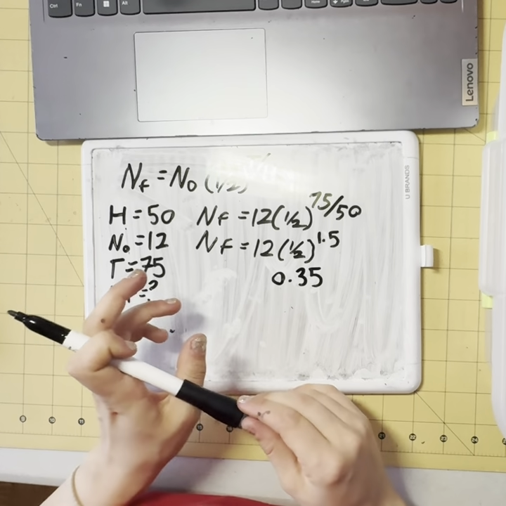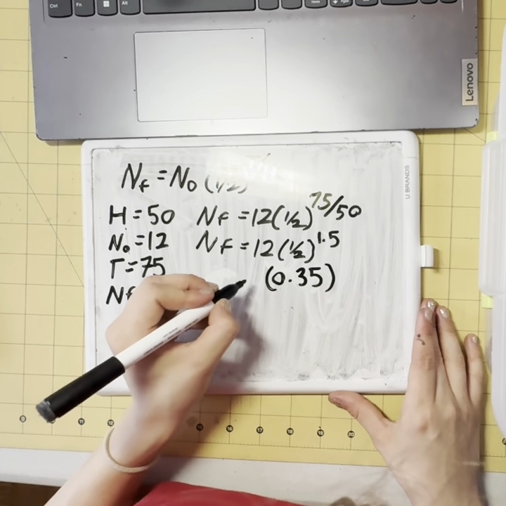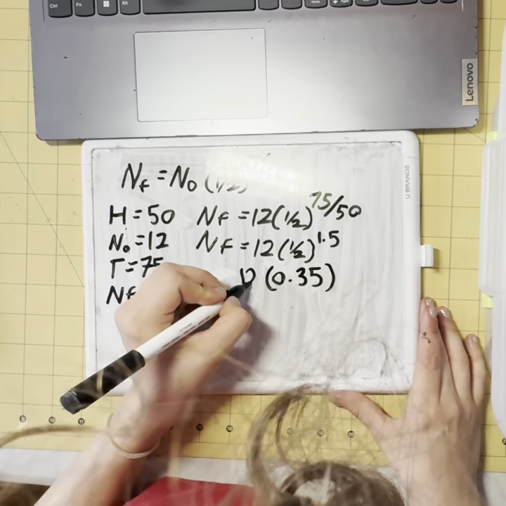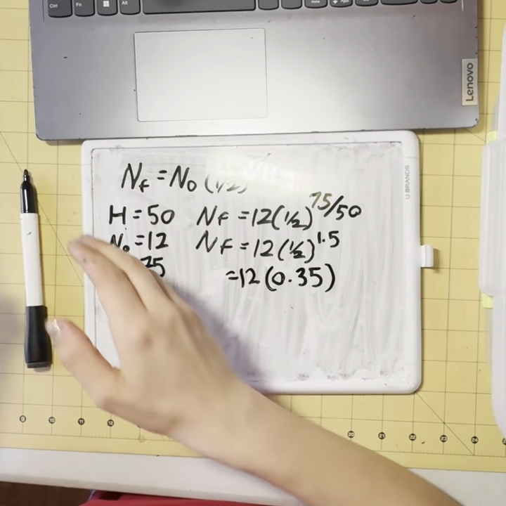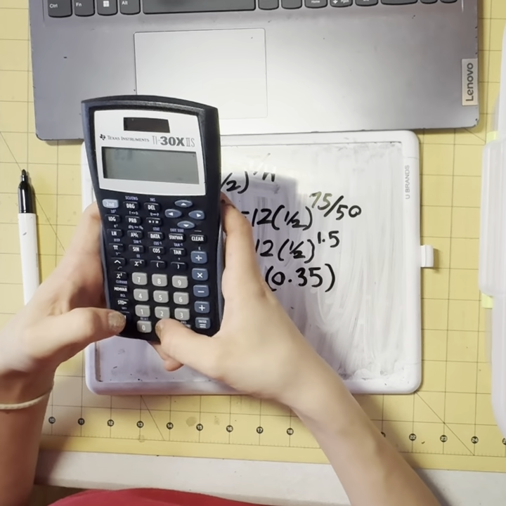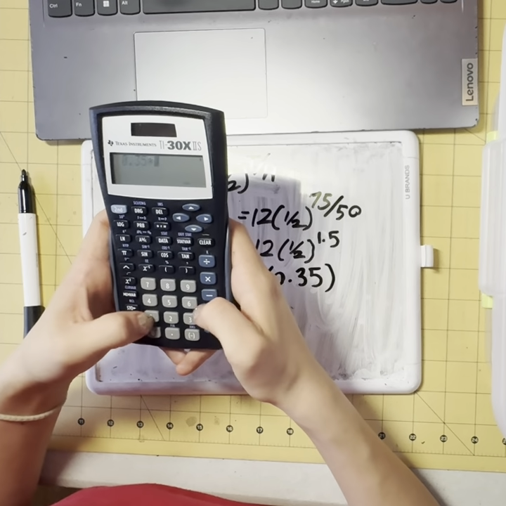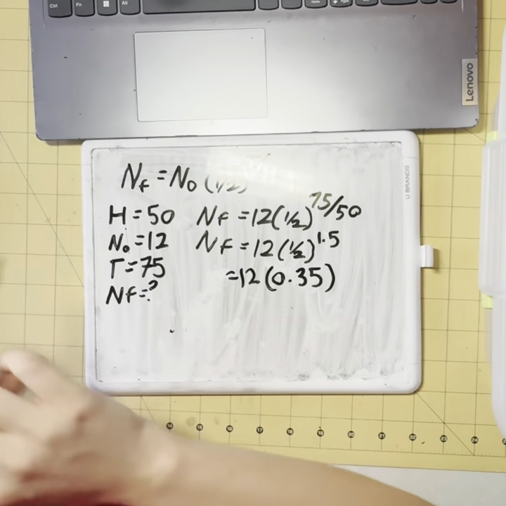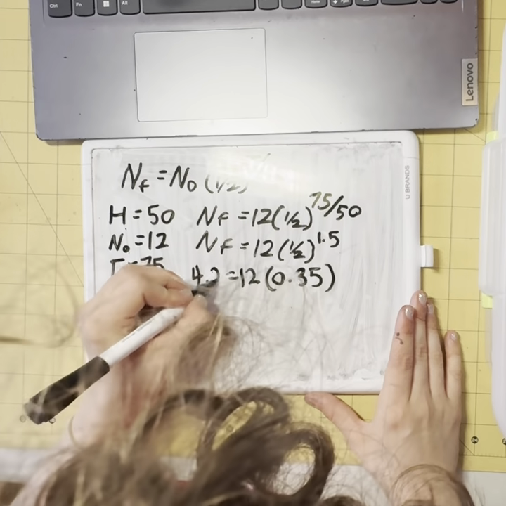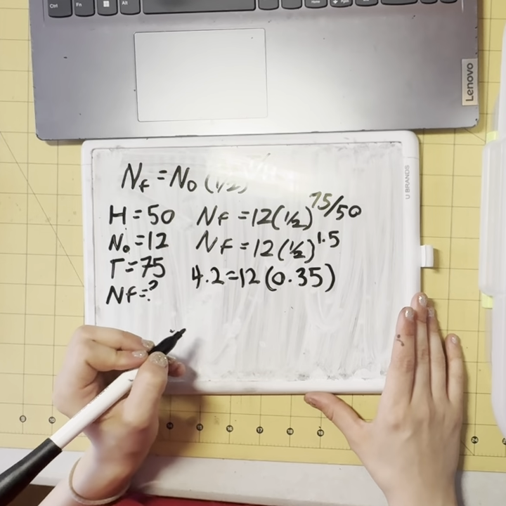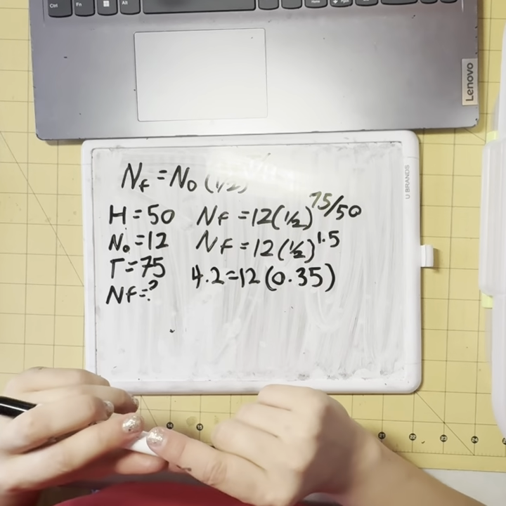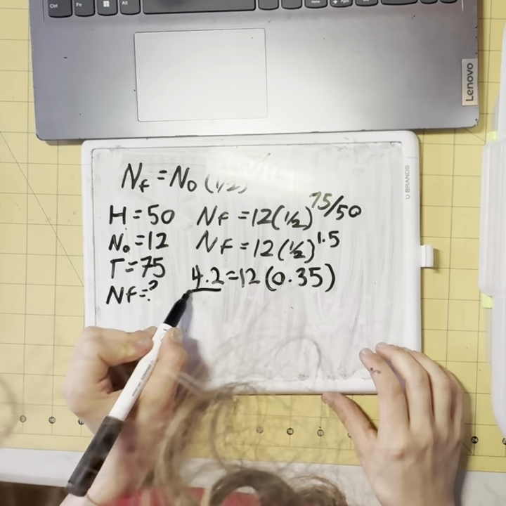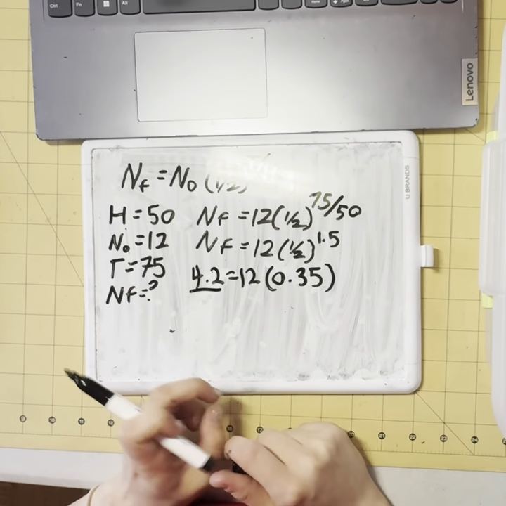Okay, so I'm going to do 0.35 times 12, which will give me 4.2. Okay, so that's saying after 75 years, you will have 4.2 grams of this substance left.